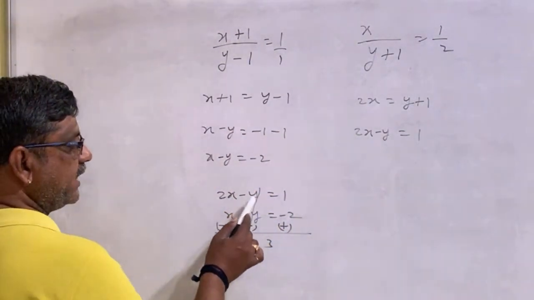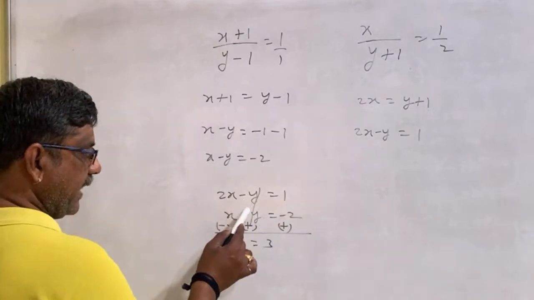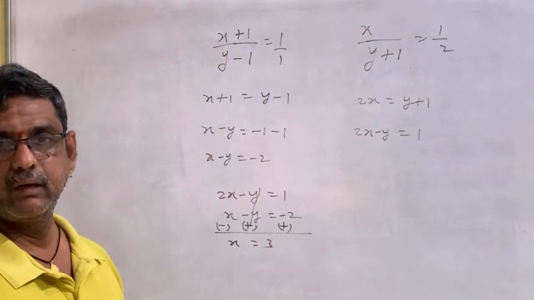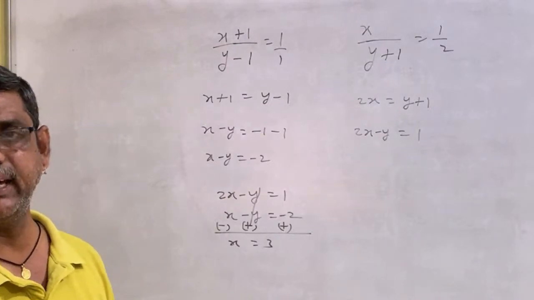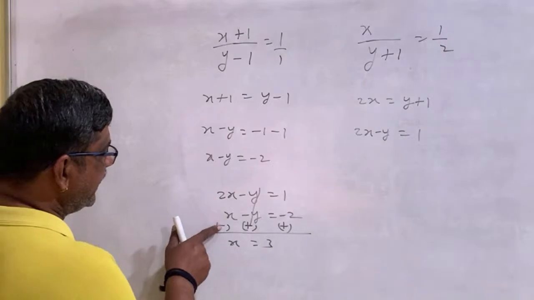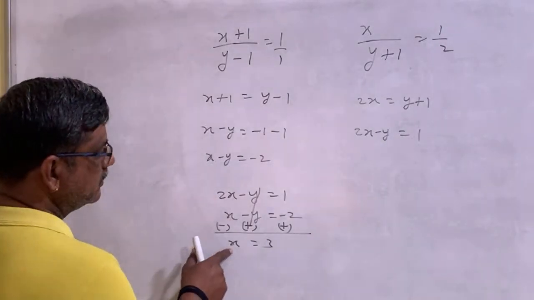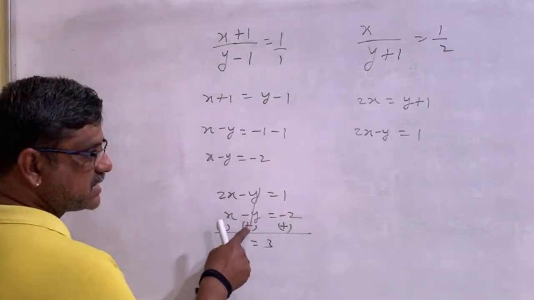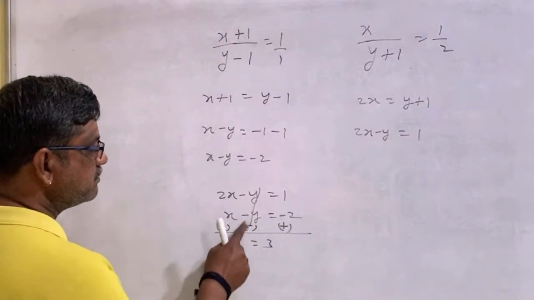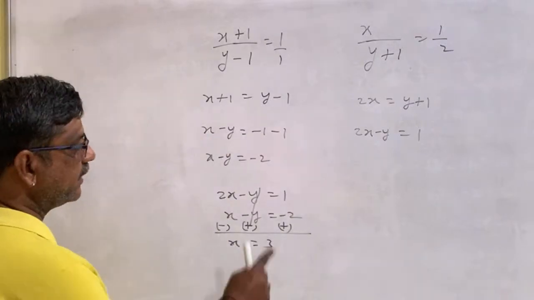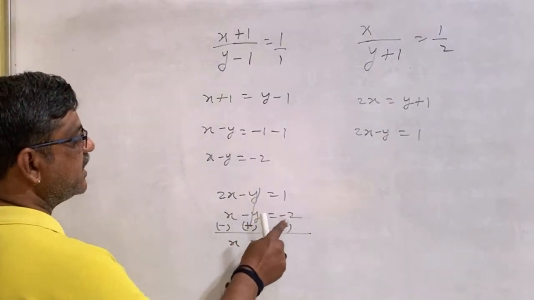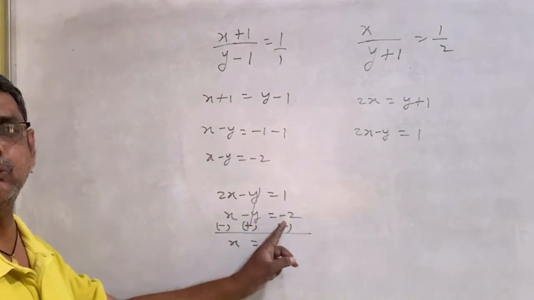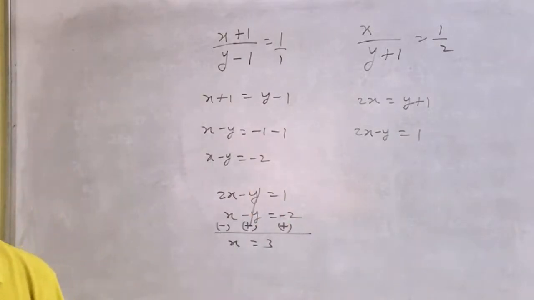Y coefficients are equal and they are of the same sign, so we need to subtract. 2x minus x is x. Minus y minus of minus y becomes plus, so it becomes 0. Here, 1 minus minus 2 becomes plus 2, so 1 plus 2, 3. x is 3.